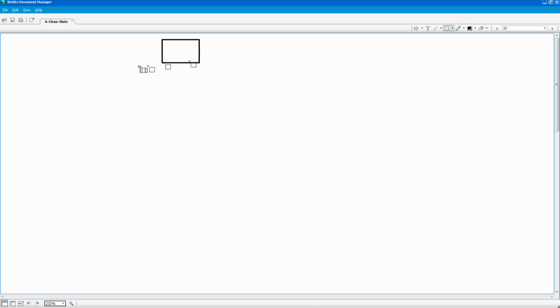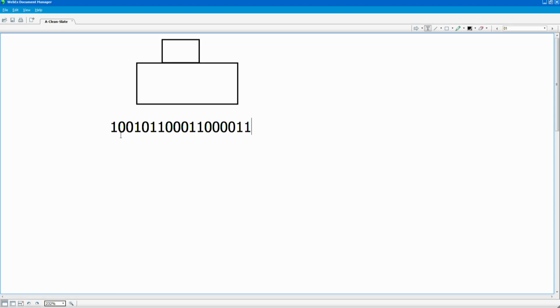I'll just go ahead and draw a laptop or a PC, whatever. And I'm going to give it some 32-bit number. Actually, I'll start off by giving it a 28-bit number. So 1, 2, 3, 4, 5, 6, 7, 8, 9, 10, 11, 12, 13, 14, 15, 16, 17, 18, 19, 20, 1, 2, 3, 4, 5, 6, 7, 8. There's a 28-bit number. And I'll leave off the first 4 bits on the front.